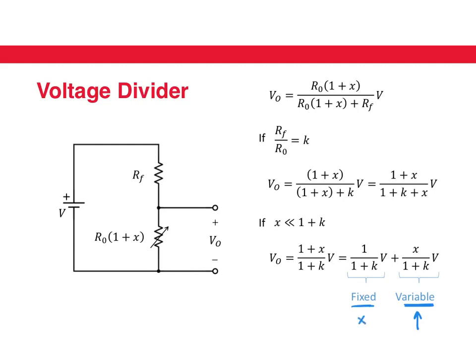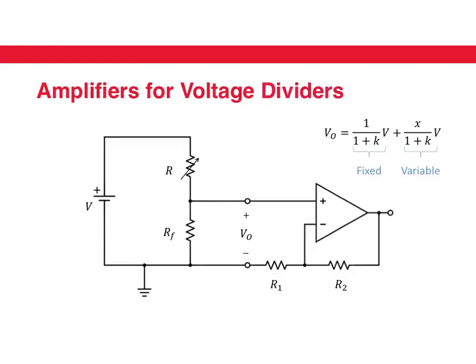Which means that when it comes to amplifying this output, so here's an amplifier, our non-inverting amplifier connected to the voltage divider, we only want to amplify the variable part, because it's only the variable part that has information about the change in resistance. We do not want to amplify the fixed part.